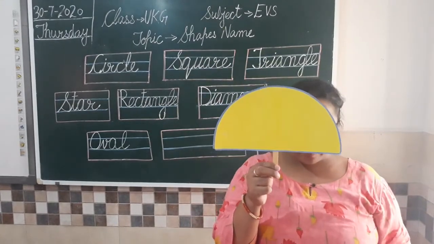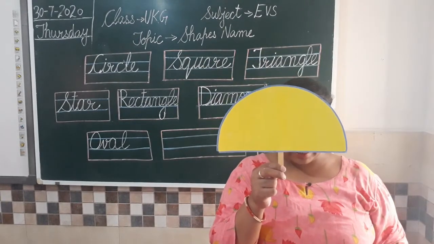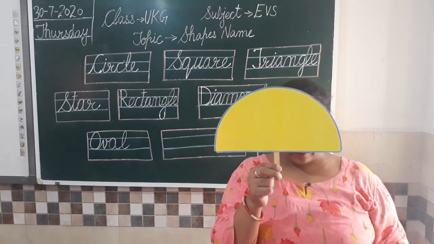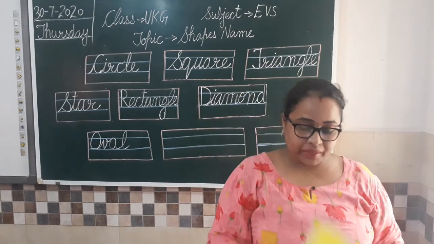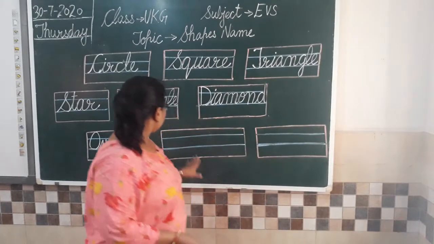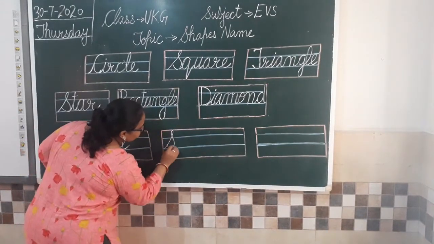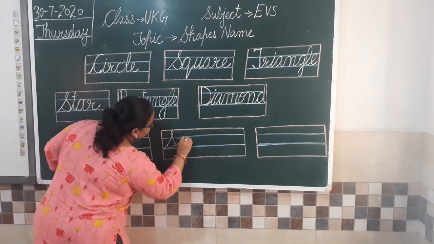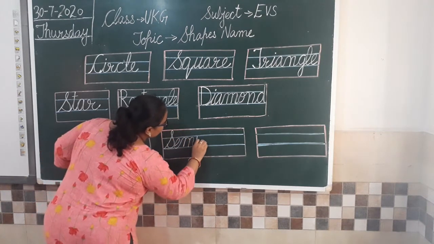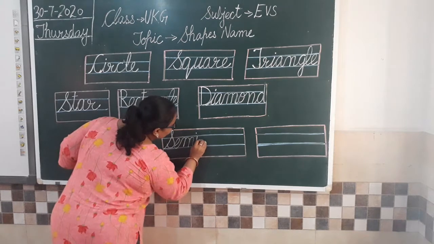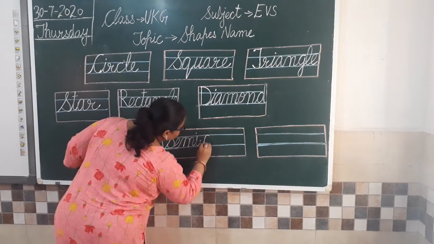It's a semicircle. Semicircle shape. So what we are going to do, we are going to write that semi and a little hyphen, then circle.